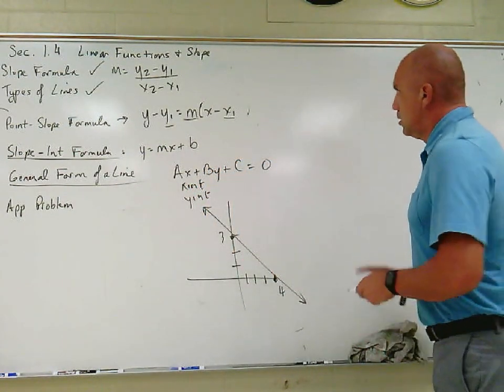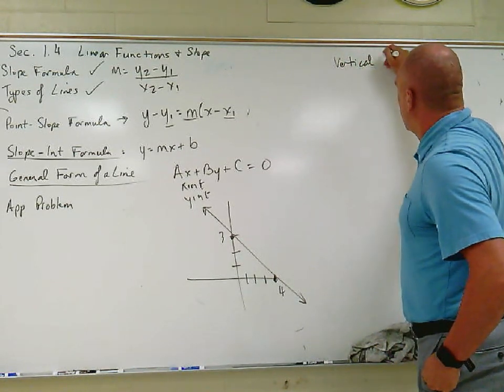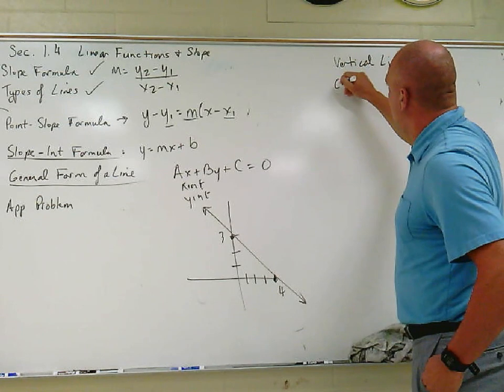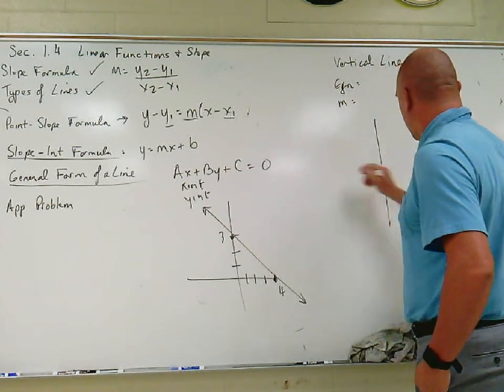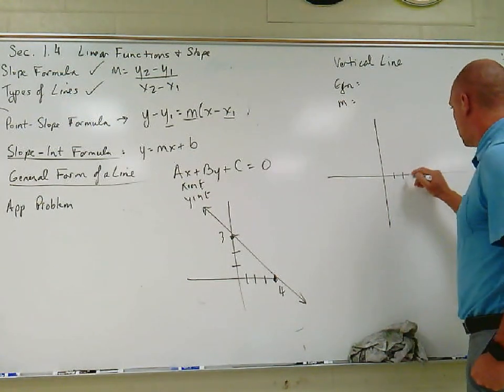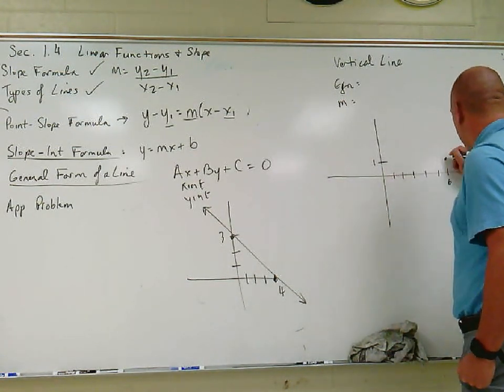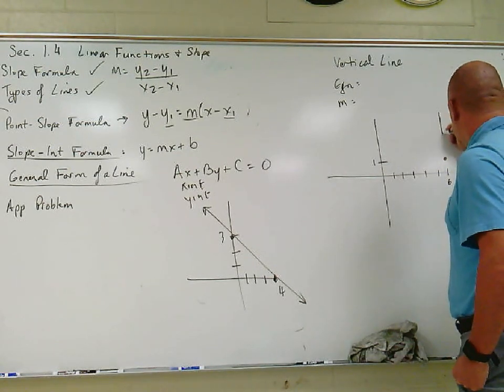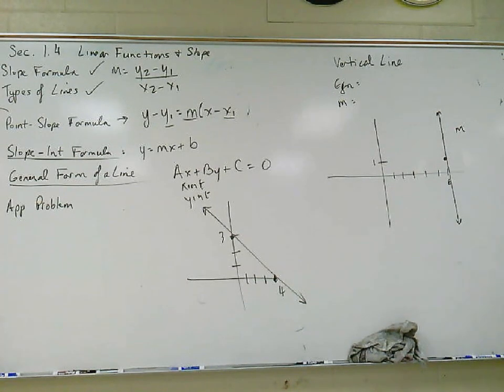Okay. So real quick, for a vertical line, I want to know how we can write the equation and what's always the slope. So let's just say your vertical line goes through the point 6, 1, right here. Of course, we said earlier that the slope of a vertical line is always what?